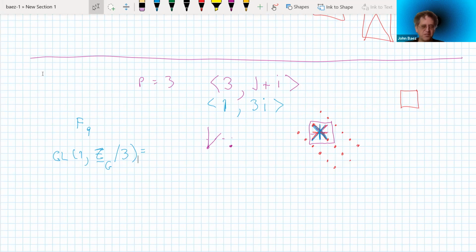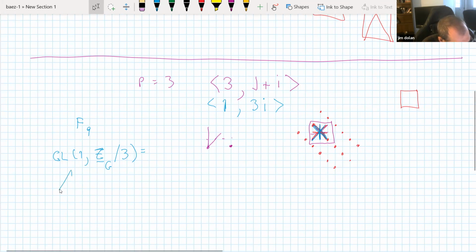So that's like GL1 of Z subscript G, not GL1 of Z subscript G mod 3. That's a smaller group, the group of units of the Gaussian integers. That's right. So one of the things you're saying is that there's GL1, and that's actually a subgroup.